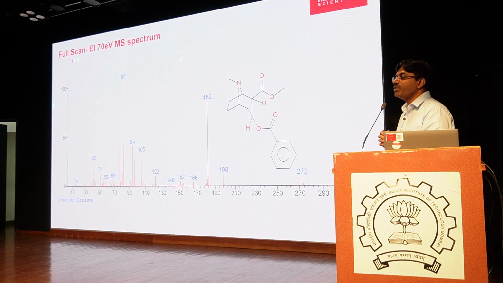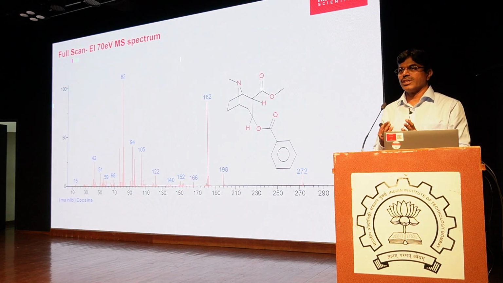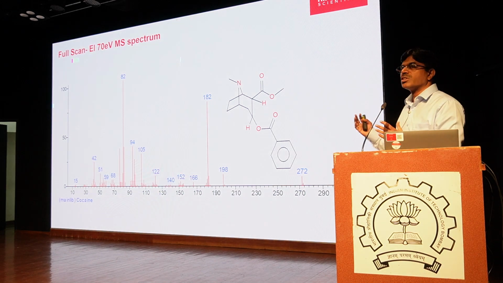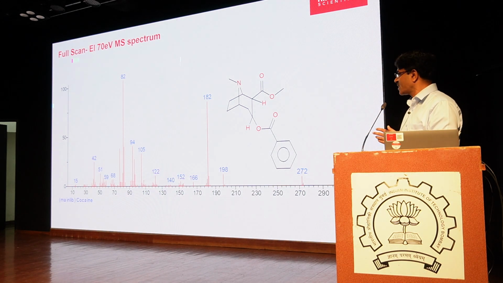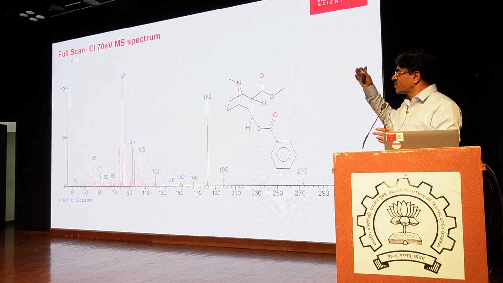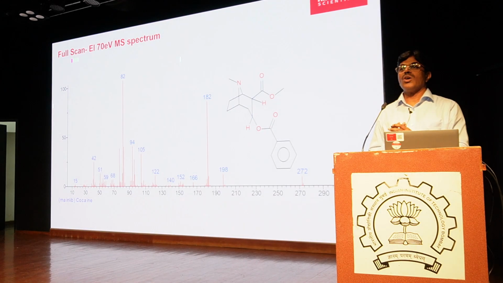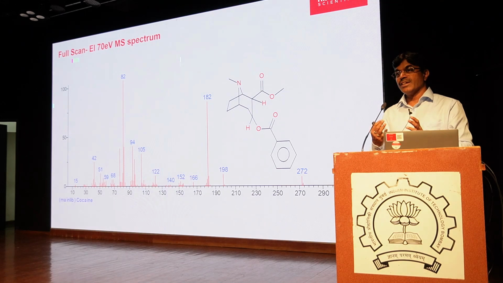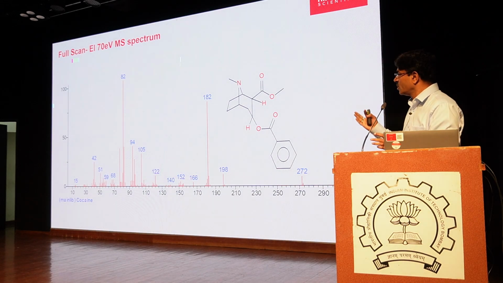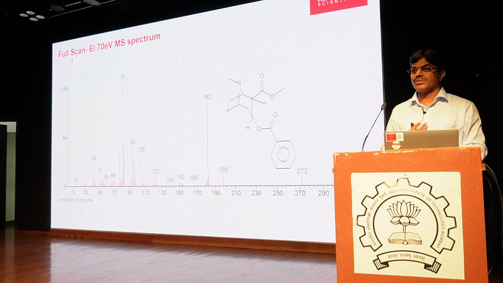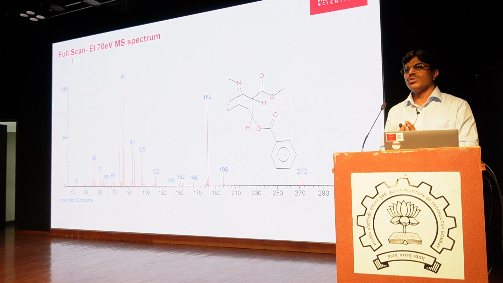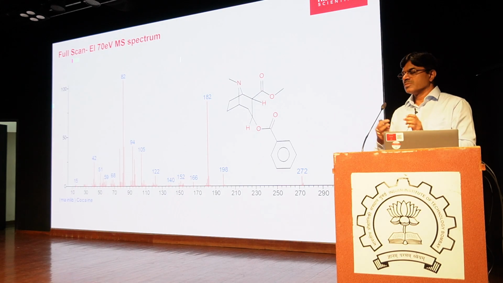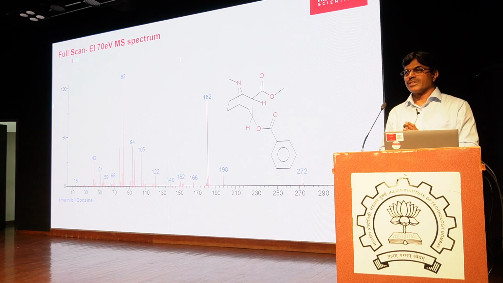And what is the information that we get from the detector? We get the mass spectrum. The spectrum is nothing but a plot of mass to charge on the x-axis, and the y-axis is the response of the detector or the abundance of ions. This is an EI mass spectrum for a very notorious molecule, cocaine. It's a fingerprint of cocaine. When I do a GC-HRMS EI spectrum, cocaine will give this spectrum.